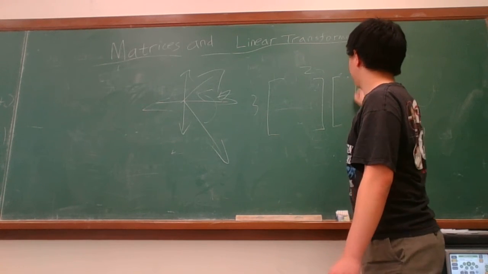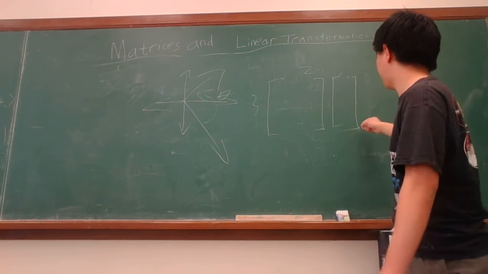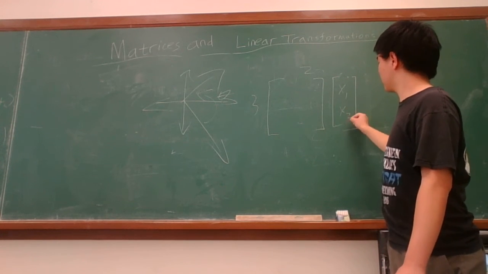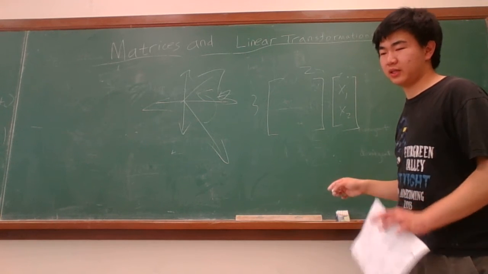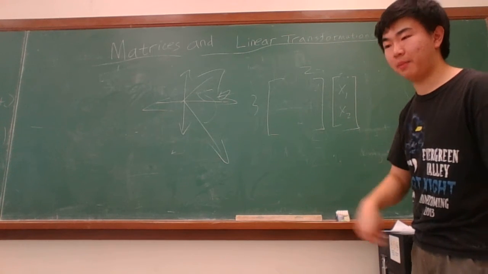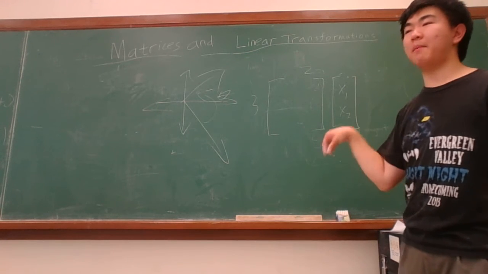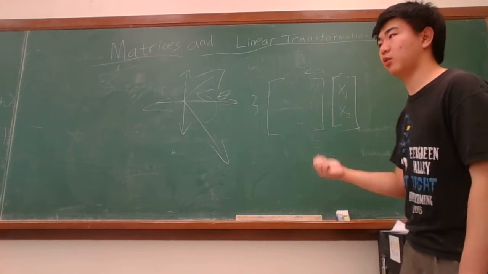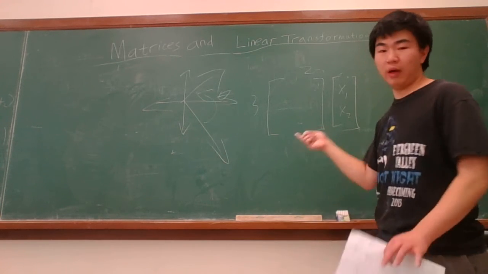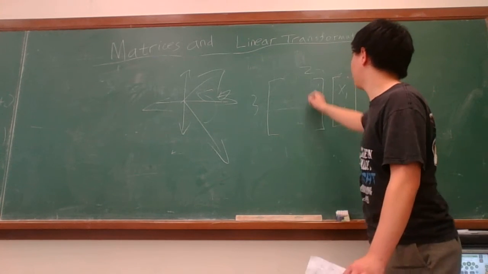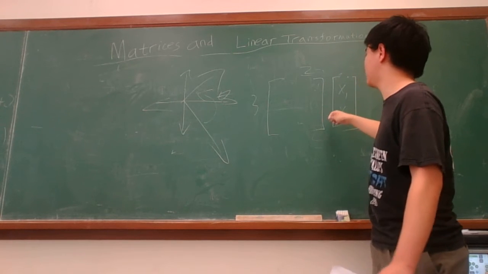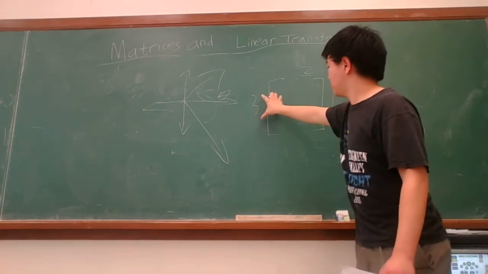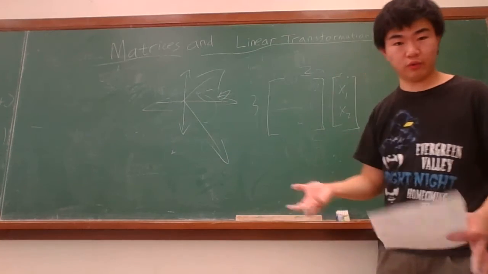In this case, n is 2 and p is 1, x1, x2, and p is 1 is going to result in an m by 1. We're going to R3, so m is 3, and p is still 1, so that's good. So m is 3, that's the important part. And we know this is 2 because in order for matrix multiplication to work, if this is 2, this must be 2. And this is 3 because we wanted a result in R3.